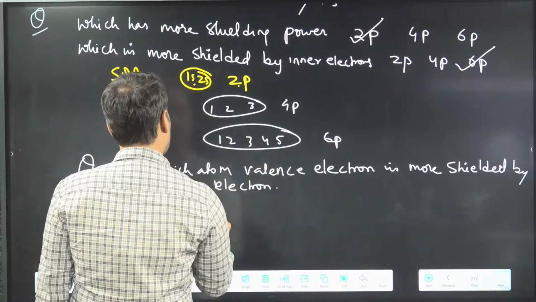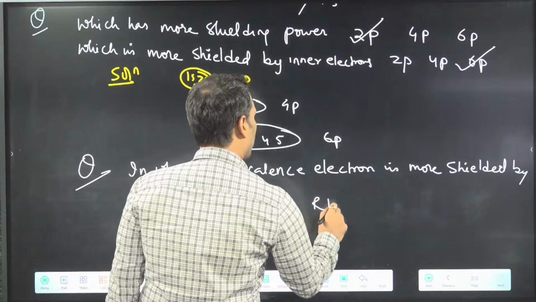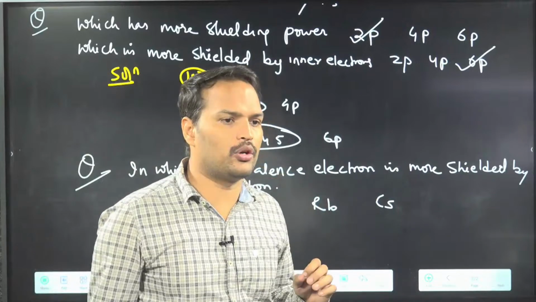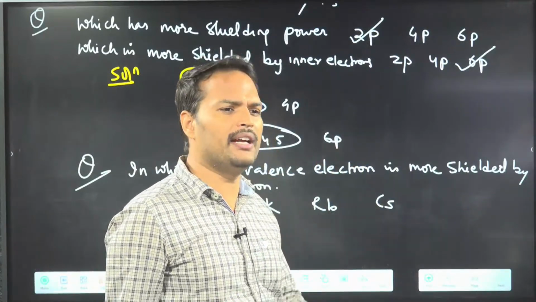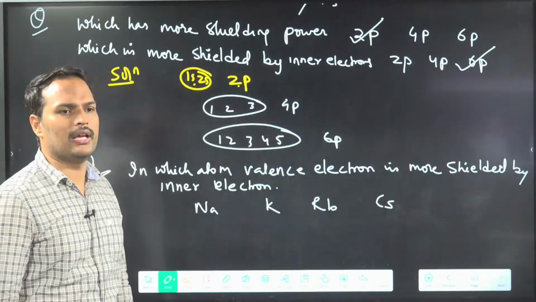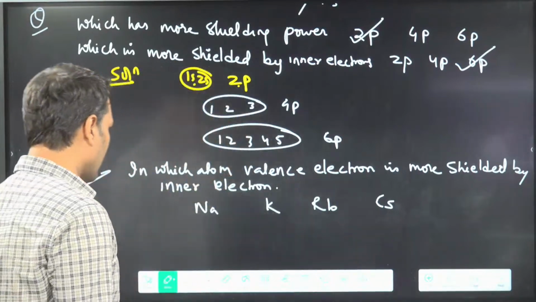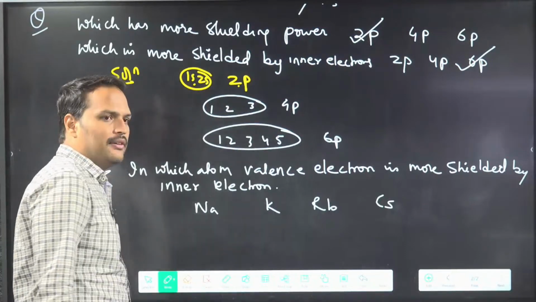And your options are sodium, potassium, rubidium, cesium. In which case is the valence electron more shielded by inner electrons? Everyone try it quickly.